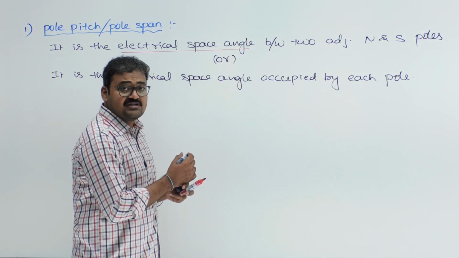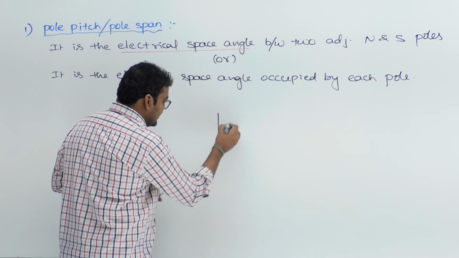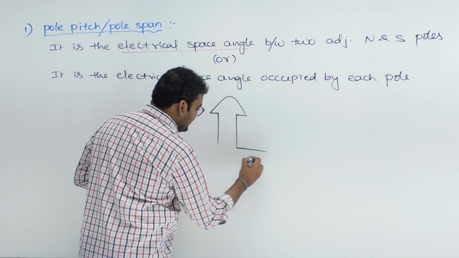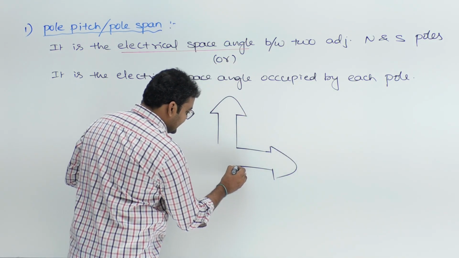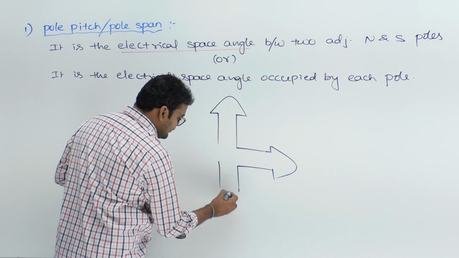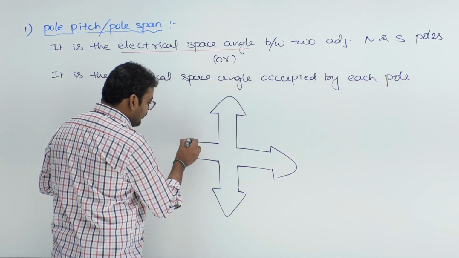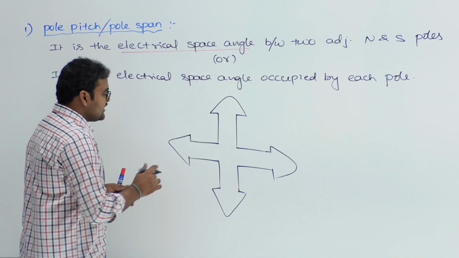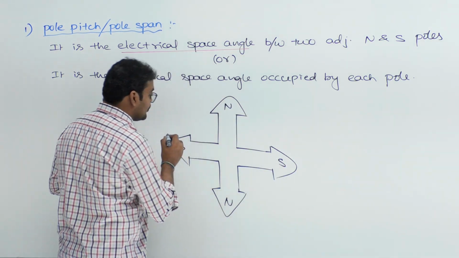Assume we have a 4-pole rotor or stator; you can take a 2-pole, 6-pole or 10-pole machine, any number of poles. I took a 4-pole machine to understand it easily. Assume here we have a north pole, south pole, north pole and south pole.